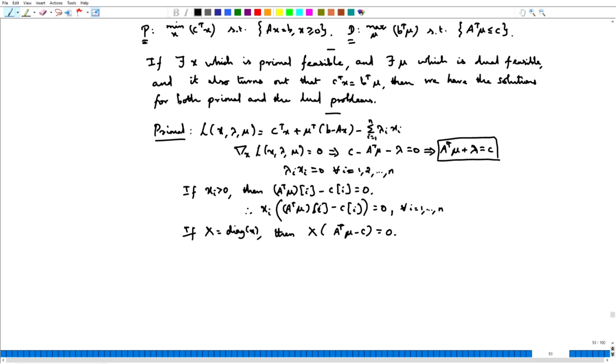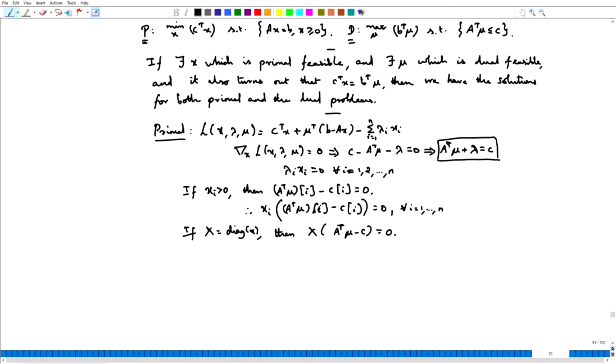Now that we have an equation that relates x and mu, we can actually find the least square solution for which mu satisfies X into (A transpose mu minus c) equal to 0. This is when x is the solution.